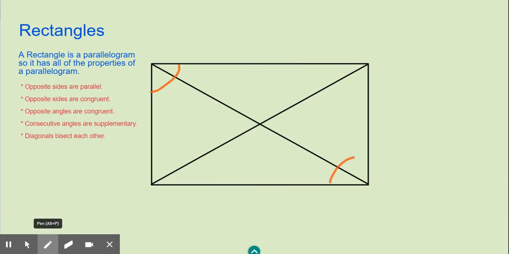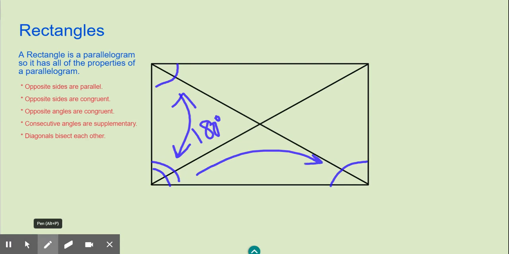Opposite angles are also congruent in a rectangle. Consecutive angles add up to 180. So those two angles add up to 180. These two angles add up to 180. These two add up to 180, and so on.